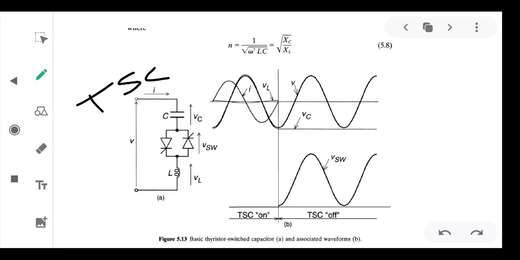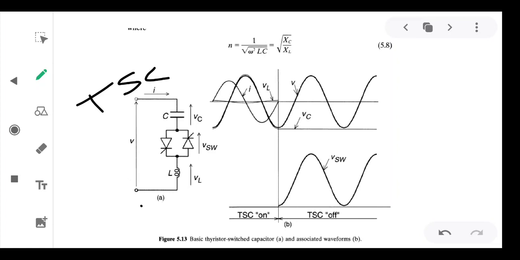The power circuit of TSC is as shown here, figure A. A capacitor is connected in series with an anti-parallel combination of thyristors and in series with a small inductor to limit the current, as shown in the figure.